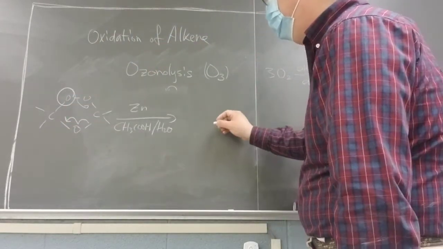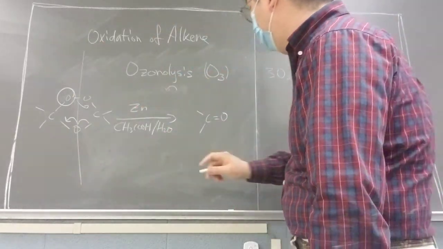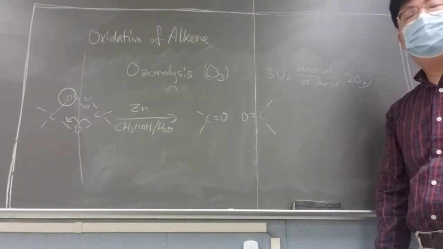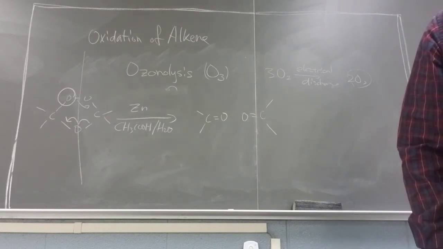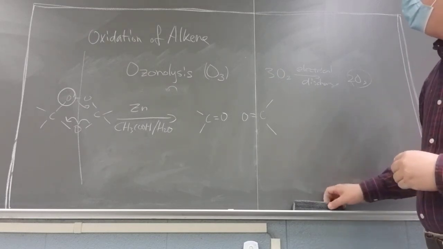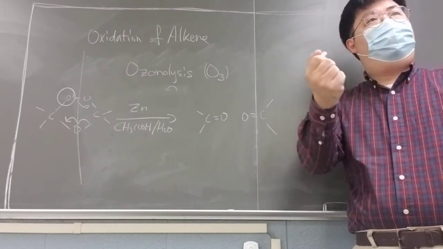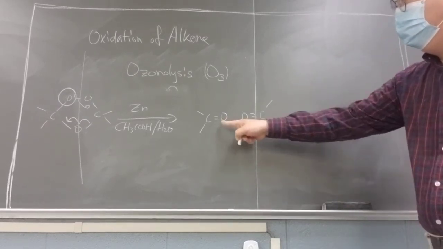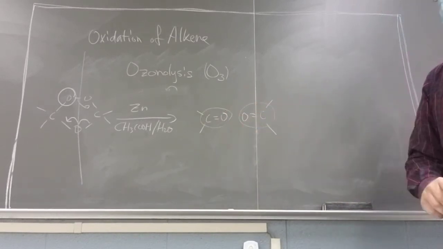Finally you're going to have breakage here, with the two carbonyl groups. Does it make sense? Kind of. Ozonolysis is simply breaking the double bond where you had the double bond in the carbons, and then you're adding oxygen to each carbon that had the double bond. So they form carbonyl groups over here.